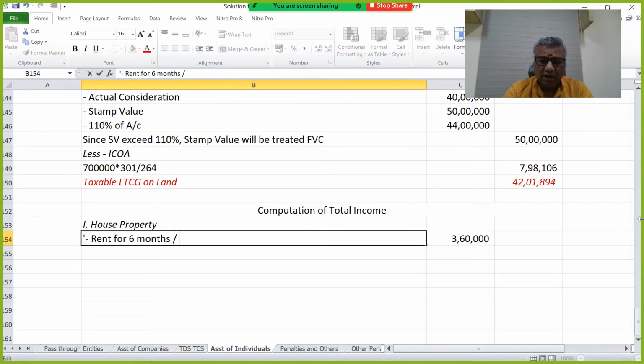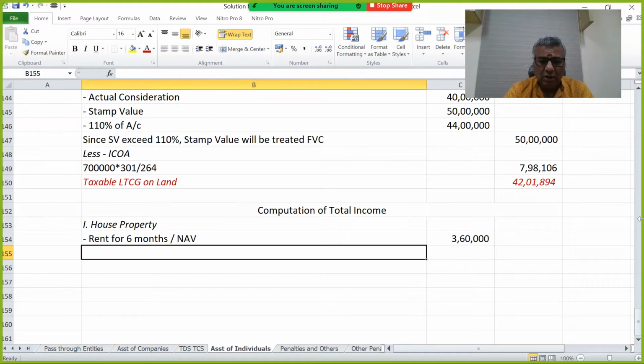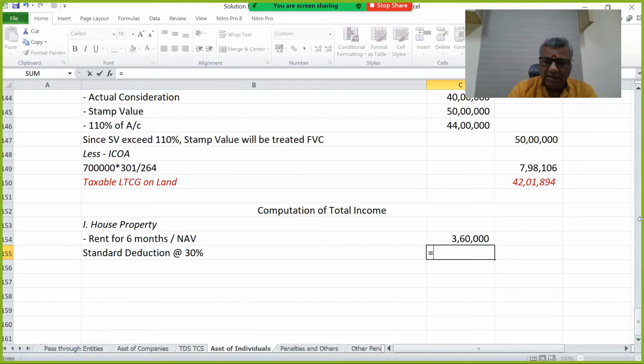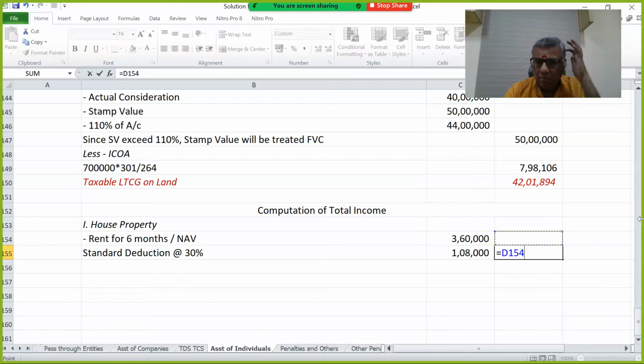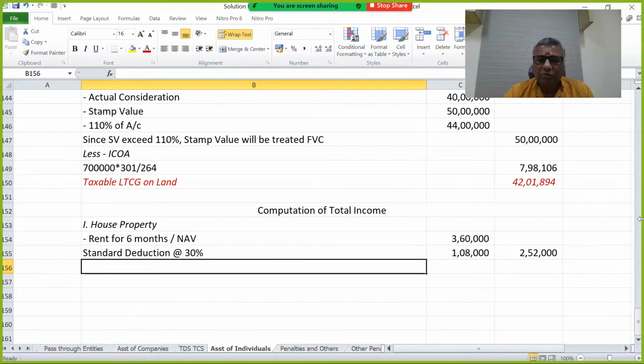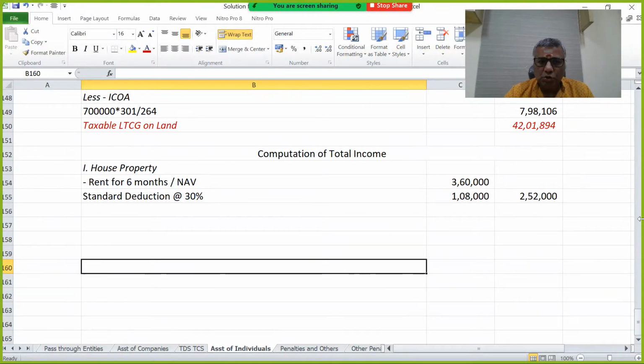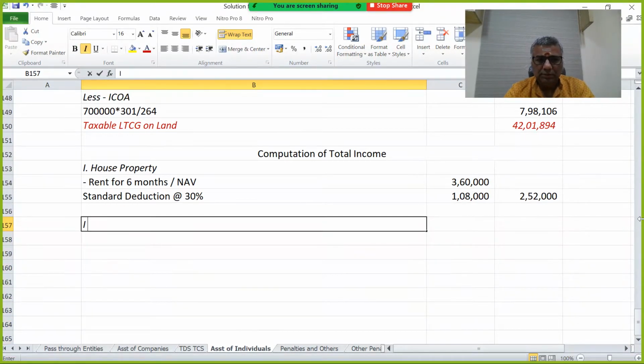They have not given any municipal taxes. Standard deduction at 30%. So our house property income comes to 2,52,000.